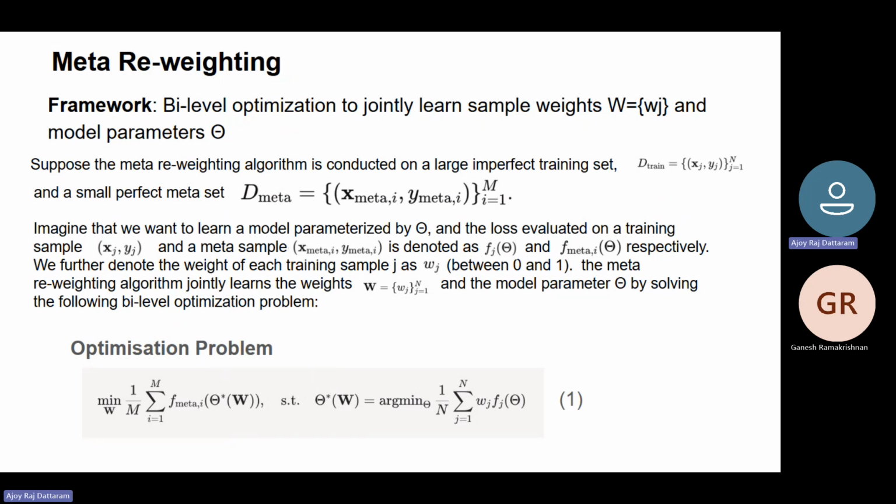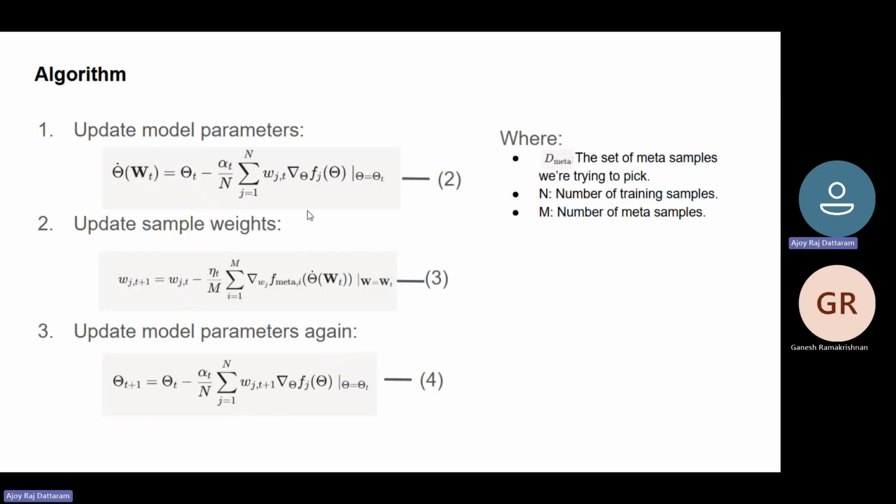So we adjust the model parameter theta using the current weight: first update the model parameter, and then update the weight, and using the updated weight we again update the model parameters.